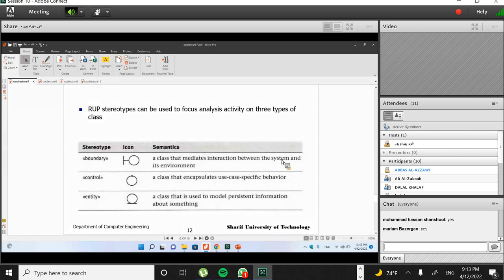Please note that a boundary class mediates action between the system and its environment.